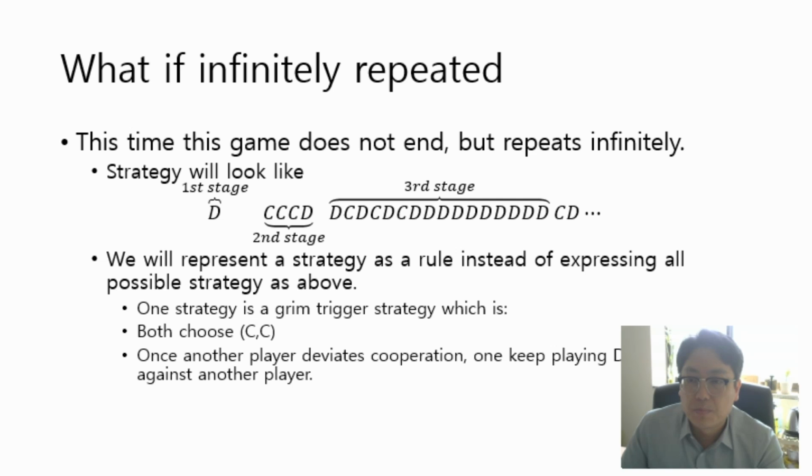Again, each information set represents a different history in the past. I mean, what they played in the first stage and the second stage are different, so each information set represents that different history.